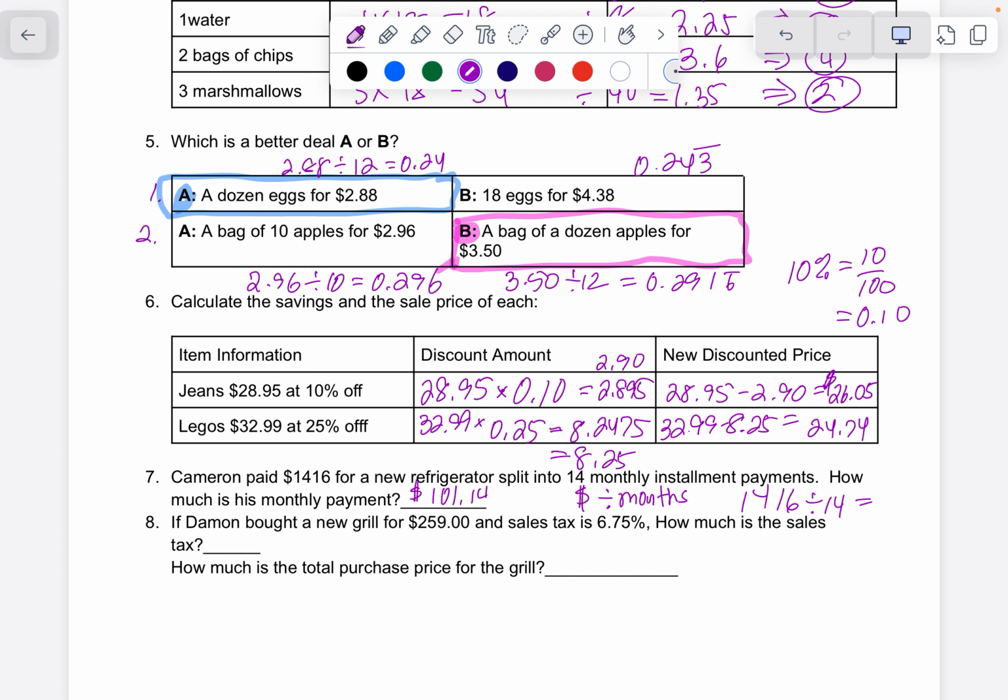And then the last thing you're going to have to do on the test is sales tax. So Damon bought a new grill for $259. The sales tax is 6.75%. How much is the sales tax? To find a percentage of anything, you use the decimal. 6.75%. What is that decimal?